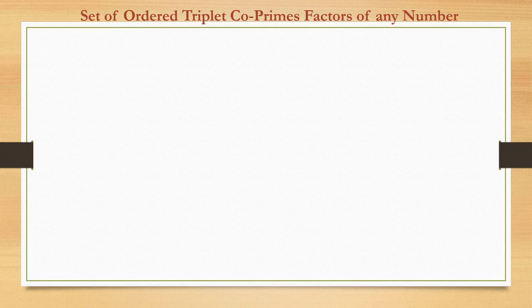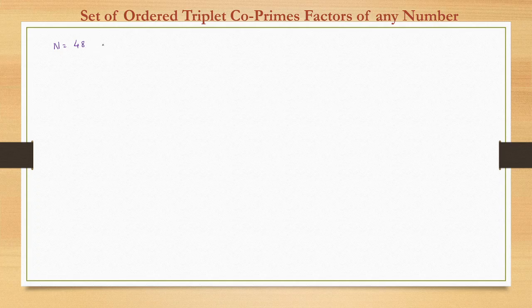So here we saw that we were finding the set of two factors. Now if the question were to find the set of three factors which are co-prime, relatively prime to each other, how to approach such questions? Let us take an example of n is equal to 48.